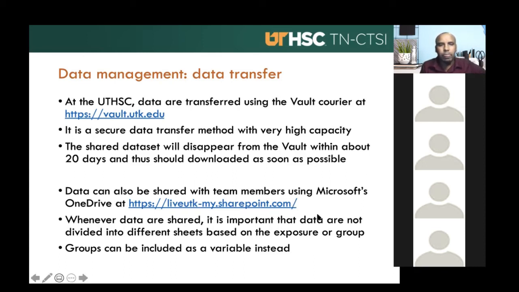at this link. Whenever data are shared, it's important that the data are not divided into different spreadsheets or sheets based on the exposure or a group. This is very important because when you share data that is likely to be combined for the analysis, it sometimes happens that there is a formatting issue.